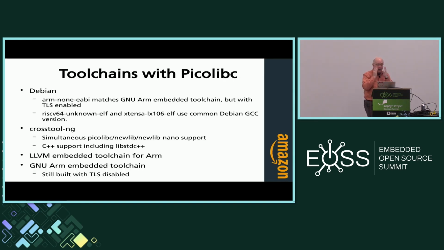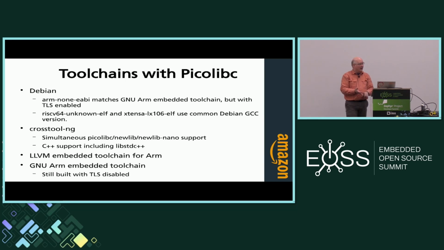Okay, there are a bunch of tool chains where you can get Picolibc for free. I know a bunch of us use Zephyr. The Zephyr SDK obviously has Picolibc embedded in it. And that was done because Picolibc was integrated into what Zephyr uses, which is crosstool-ng. The patches that we put into crosstool-ng actually let you select at compile time, when you're compiling your application, whether to use Picolibc, newlib, or newlib nano.